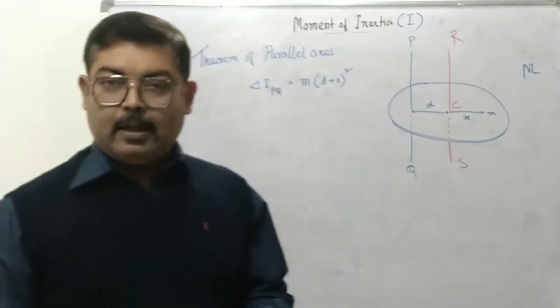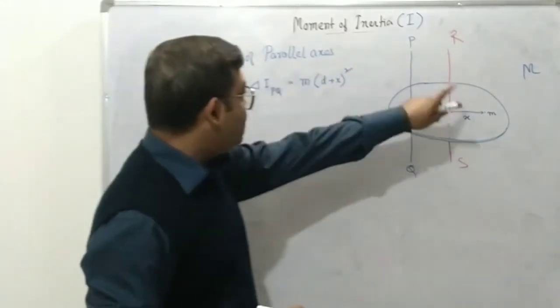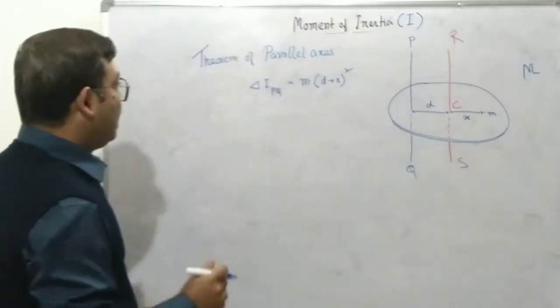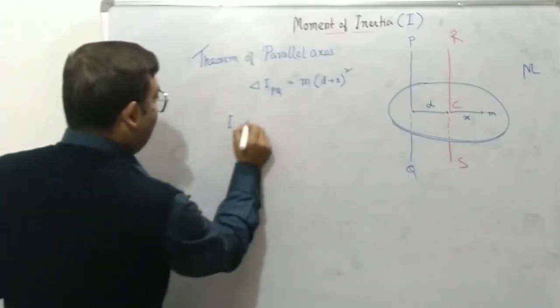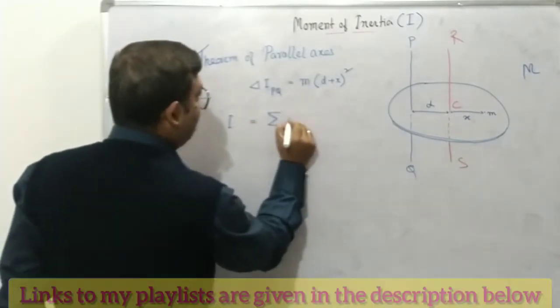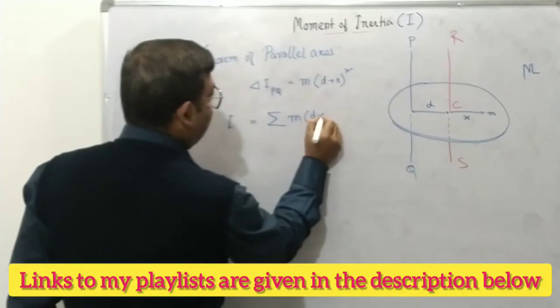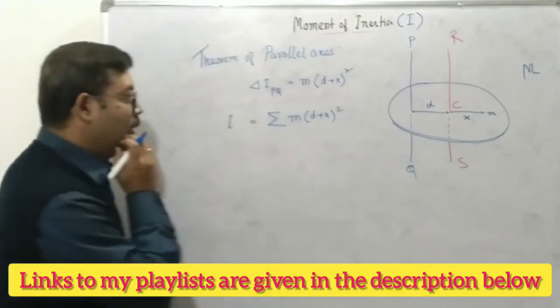Right. So the moment of inertia of the entire body about the given axis PQ will be I = summation m (d + x) whole square.